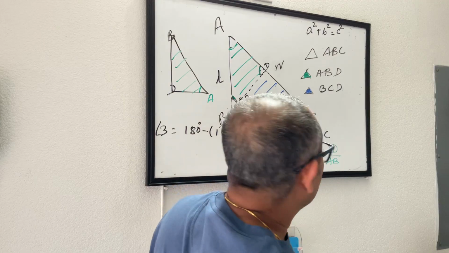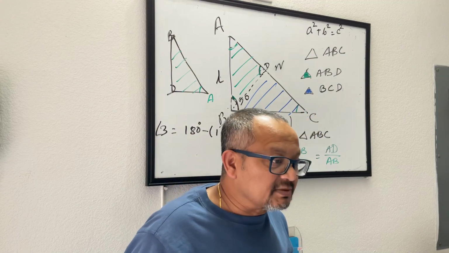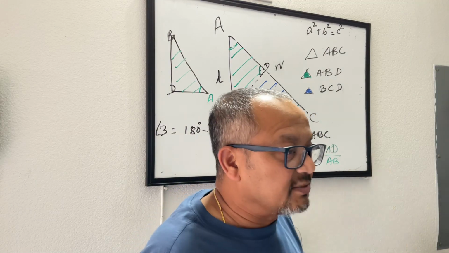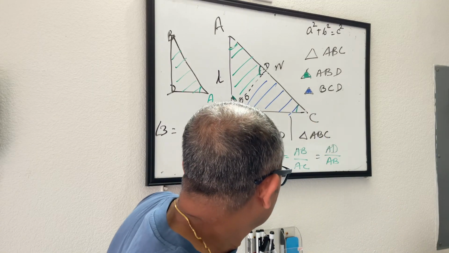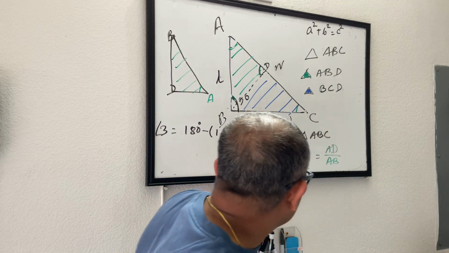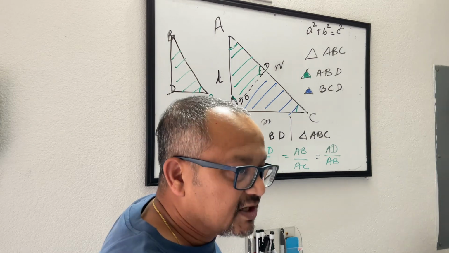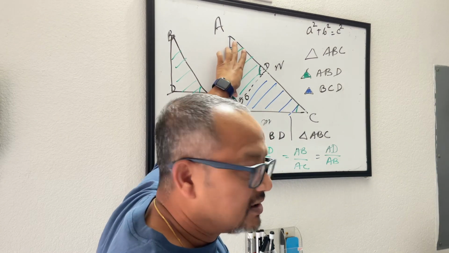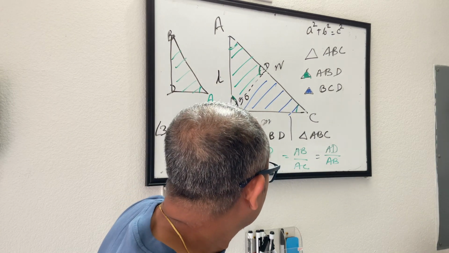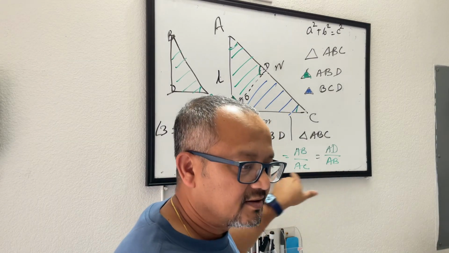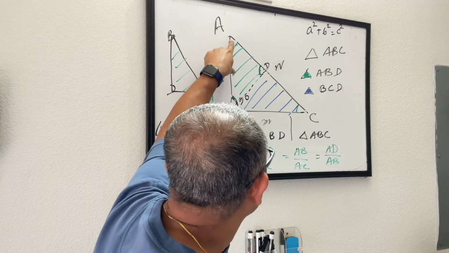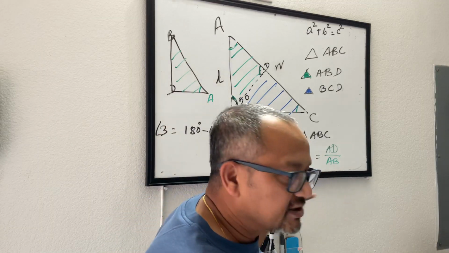And when they are similar, the concept of similarity says when you have two triangles similar, their sides will be in the same ratio. So in the numerator, I am keeping all the sides for the small triangle, this green one, and this is the ratio I got. And in the denominator, I have the sides corresponding to the matching angle for the larger triangle.